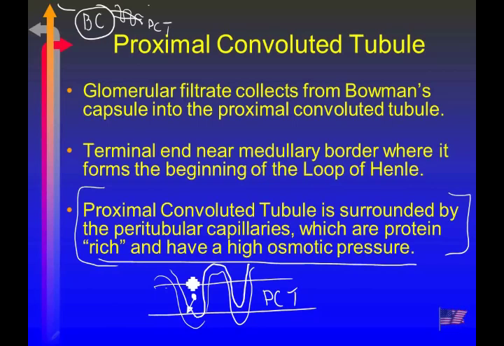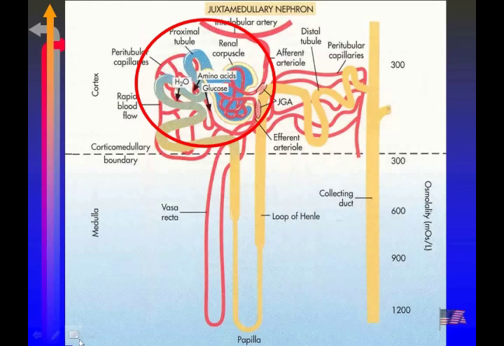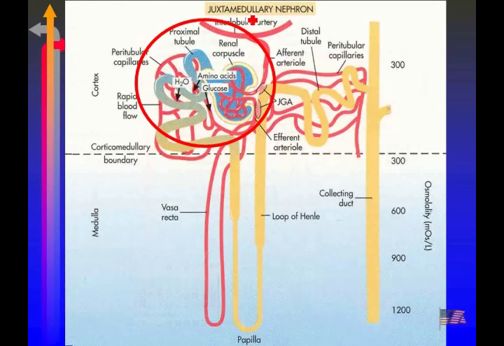And again, the proximal convoluted tubule starts at the end of Bowman's capsule and continues on to the beginning of the loop of Henle. So here's kind of where I'm talking about. This portion right over here. Fluid has been pulled out of the vascular space.